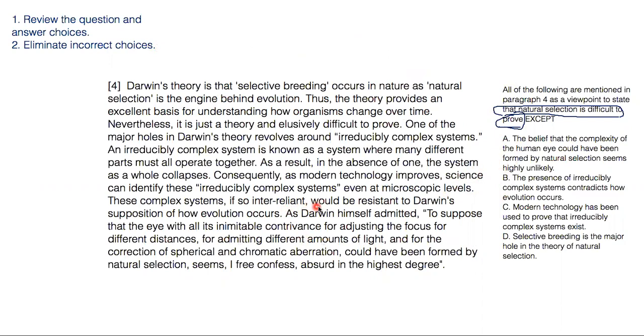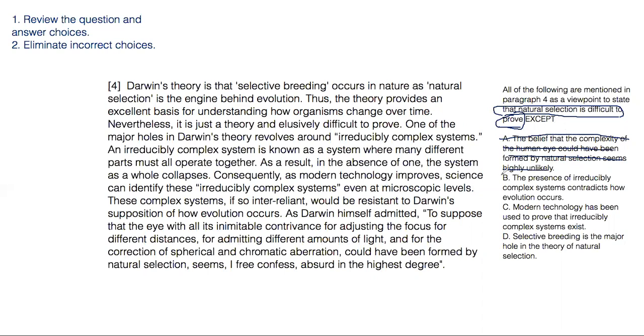Well, the quote in the final sentence of the paragraph says, Darwin himself admitted to suppose that the eye, with all its inimitable contrivances for adjusting the focus for different distances, for admitting different amounts of light, and for the correction of spherical and chromatic aberration, could have been formed by natural selection, seems, I free confess, absurd. So, clearly, this is stated in the passage, so we can eliminate answer choice A, because Darwin himself said that this belief is unlikely.